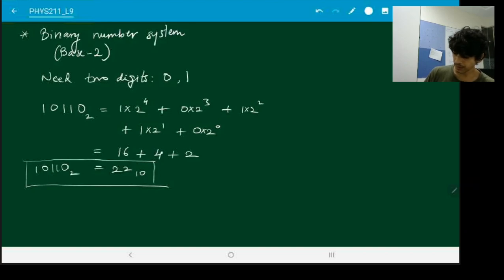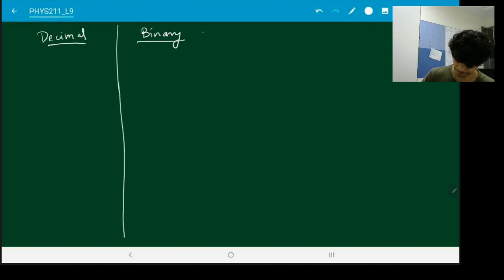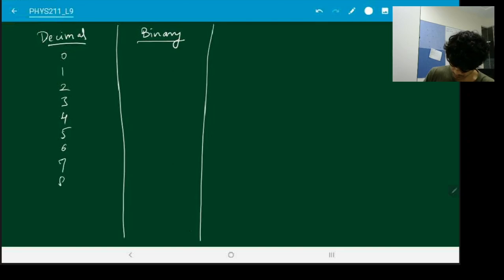So let's write down what all the binary numbers look like, the first few binary numbers. Let's do it in the next page. So let's say decimal, binary. So 0, 1, 2, 3, 4, 5, 6, 7, 8, 9, 10. Let's do 10 more.